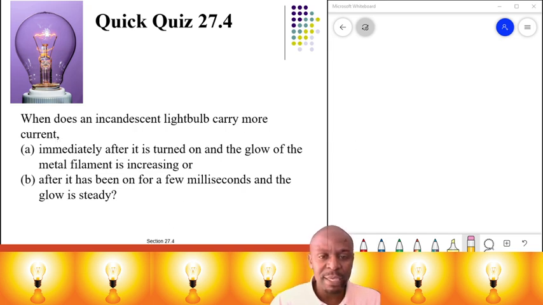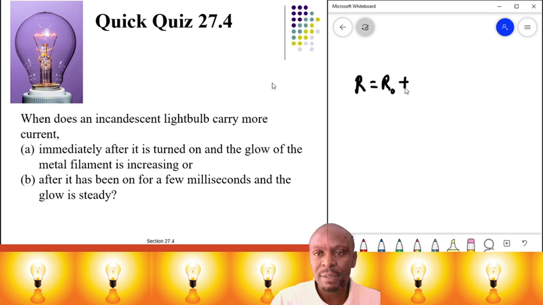To answer that, we just have to go back to that equation, R equals R naught times 1 plus alpha times T minus T naught.